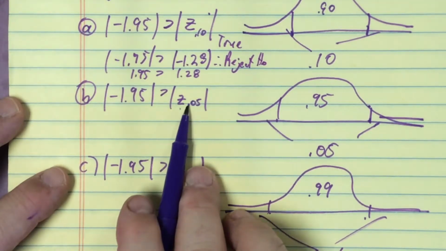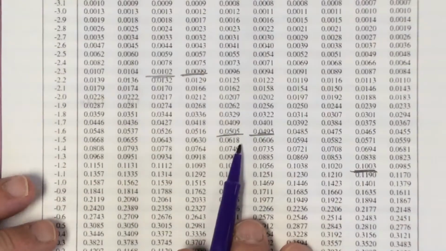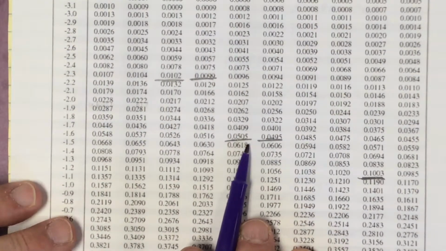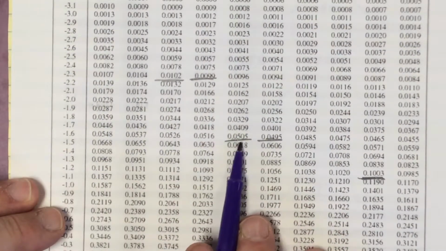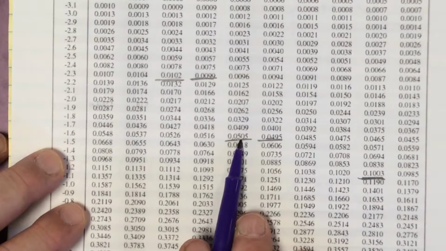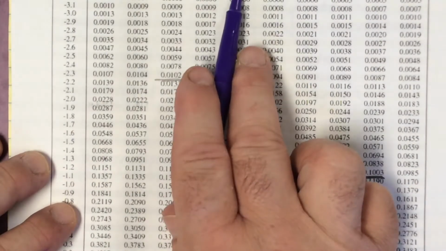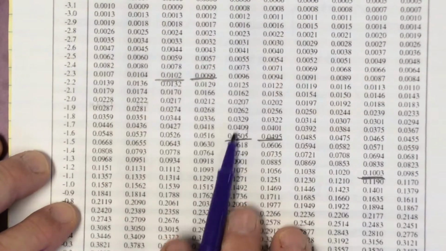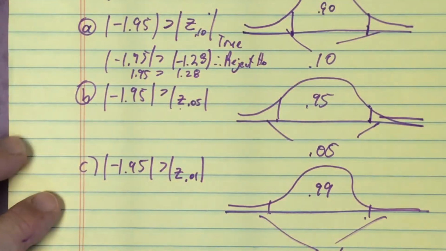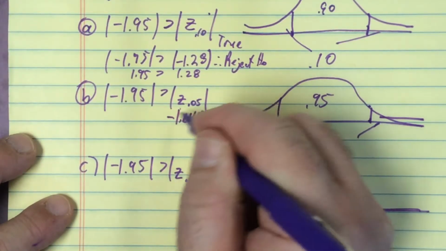So let's take a look at 0.05. Let's find this area on the table. And I found that at 0.95, this is going to yield a z-score of negative 1.64, and it's going to be right between here. So it's going to yield a test statistic of negative 1.645.